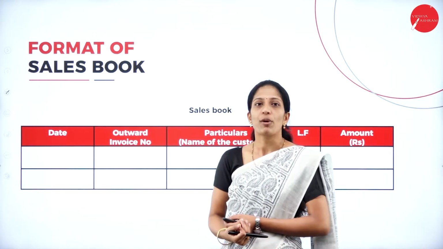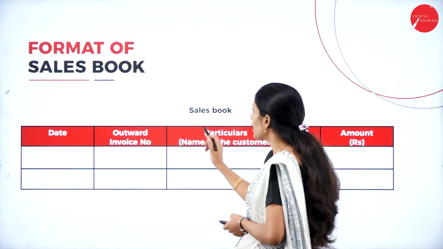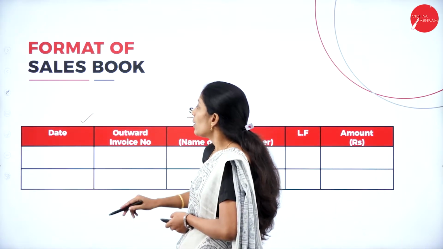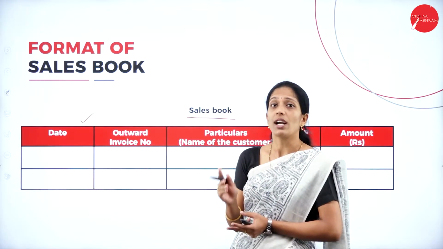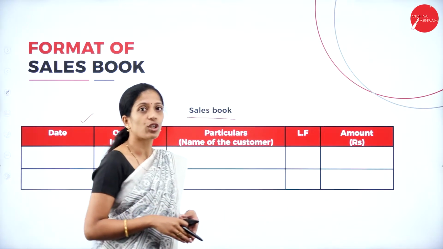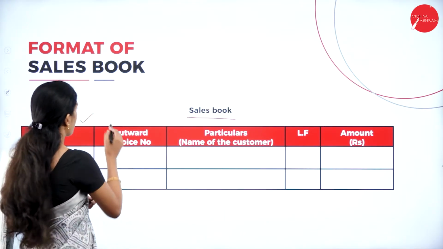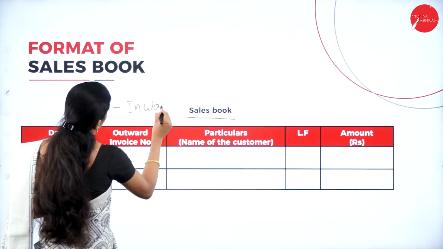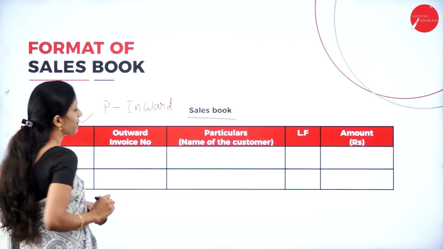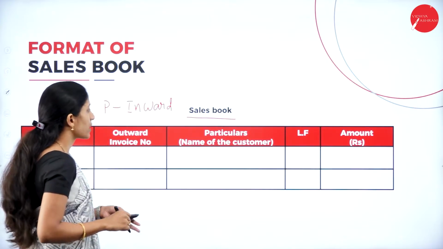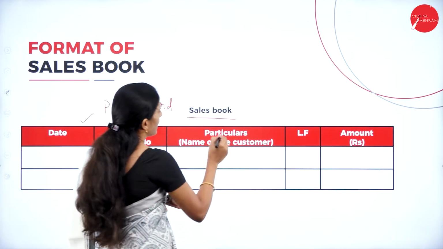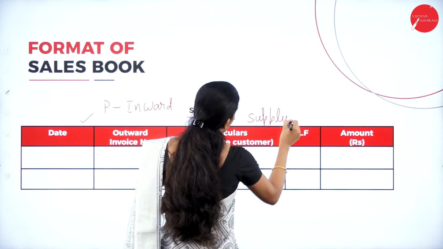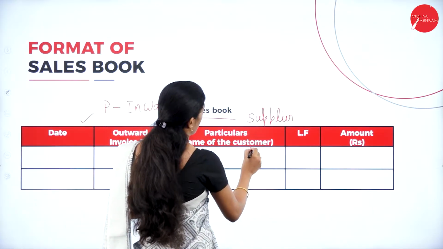Now we shall see the format of the sales book. Write the heading sales book, and you know the format, that is date. Whereas in the purchase book it is inward invoice number, in the sales book you have to write outward invoice number. In the purchase book it is name of the supplier, whereas in the sales book it is name of the customer.